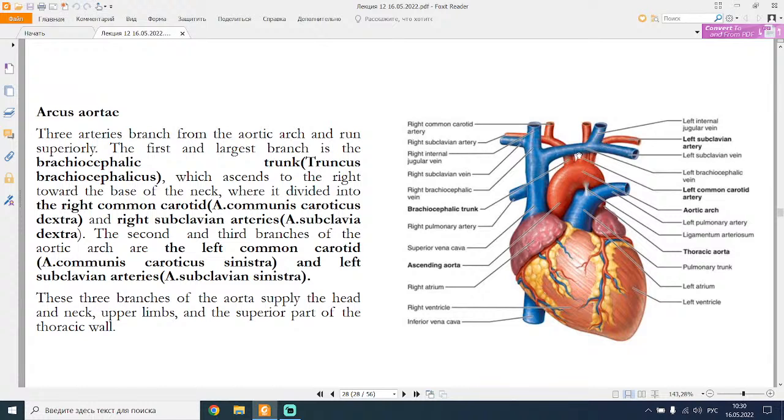These three branches of the aorta supply the head and neck, upper limbs, and the superior part of the thoracic wall. Three branches of the aorta.